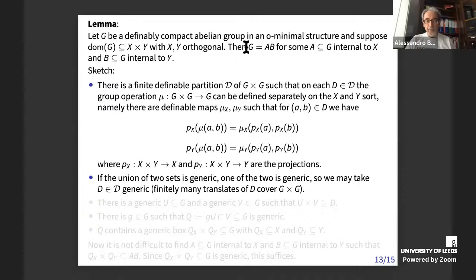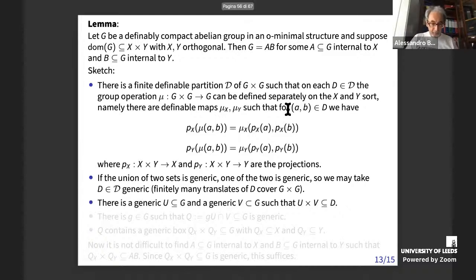So now, if we manage to write a generic set as A times B, then by finitely many translations, you may do the same for the whole group. So it's enough to prove this kind of decomposition, G equal to A times B, for a generic subset.